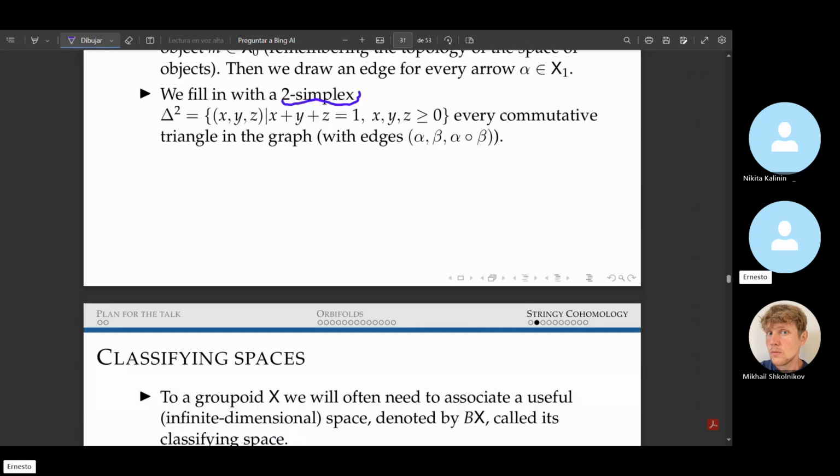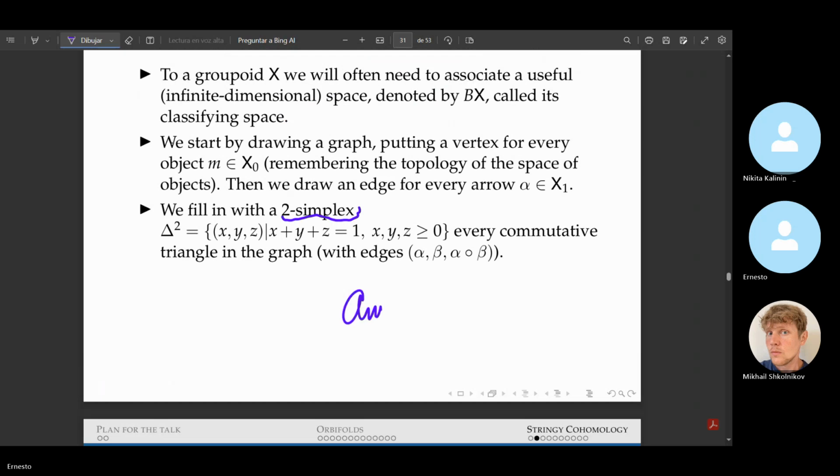And this can be done for any category. Well, any small category admits the same procedure. The notation has to do with Borel.